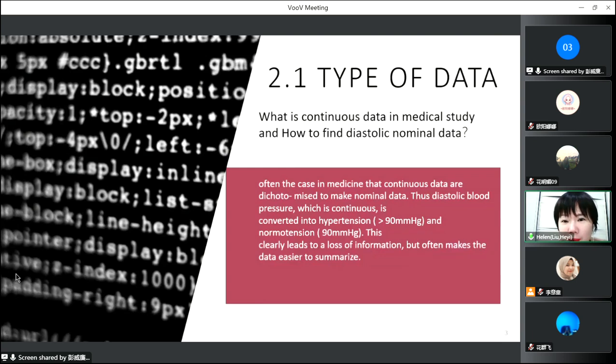This is question 1, which is the continuous data in medical study. I think no. I see. So Pen Wei, you just elaborate the type of data, or you start elaborate the homework. How about number second also? Can you see? Homework.